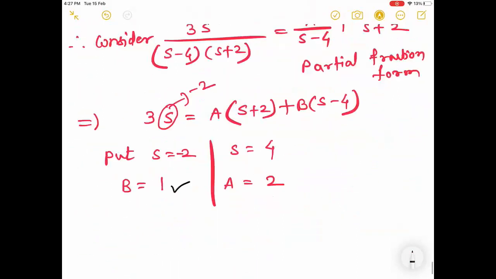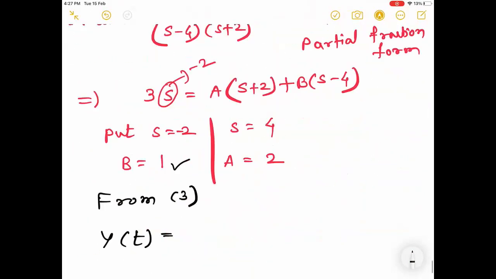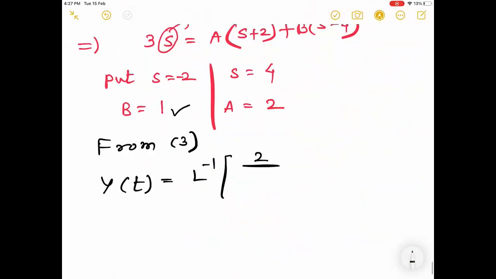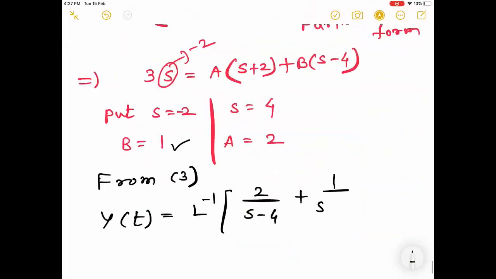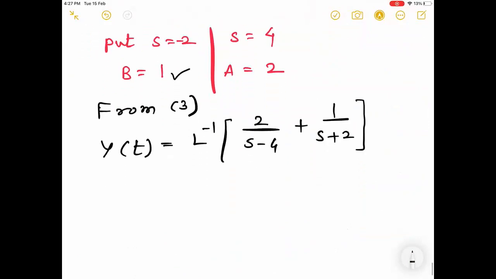So y of t from 3, therefore y of t is equal to L inverse of A, which means 2 upon s minus 4, plus 1 upon s plus 2. Just separate them because of the linearity property.